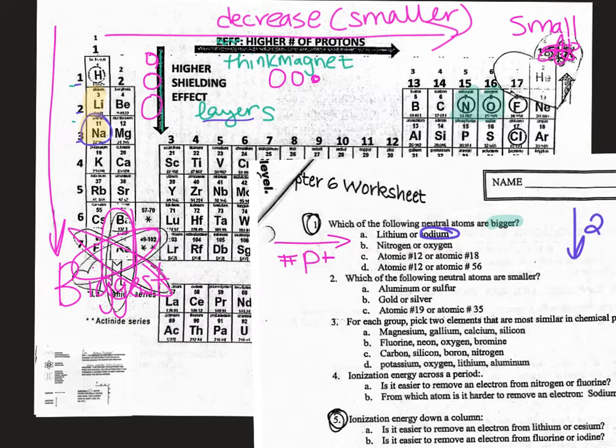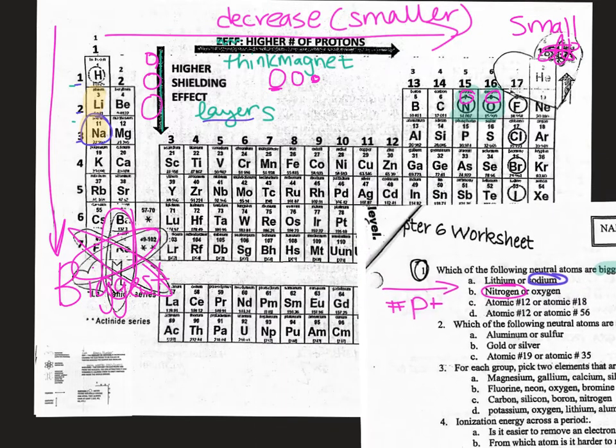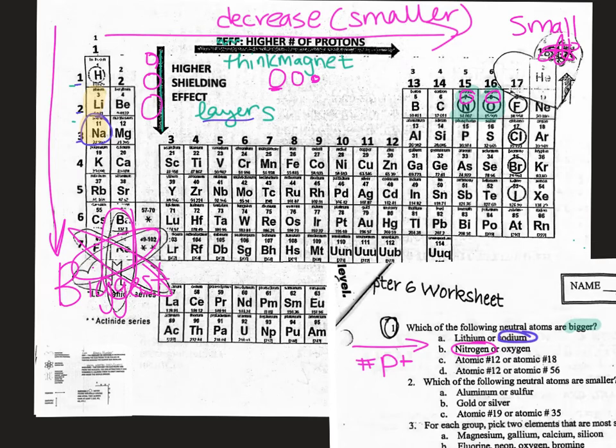So knowing that, nitrogen versus oxygen, we know that oxygen has an atomic number of 8, and nitrogen has an atomic number of 7. So therefore, the 7 is not as strong of a magnet, so it's being held a little bit looser. So nitrogen is going to be the bigger one. An easier way to kind of do this on your own is going to be also looking at the idea that this is our big corner, this is our smaller corner.